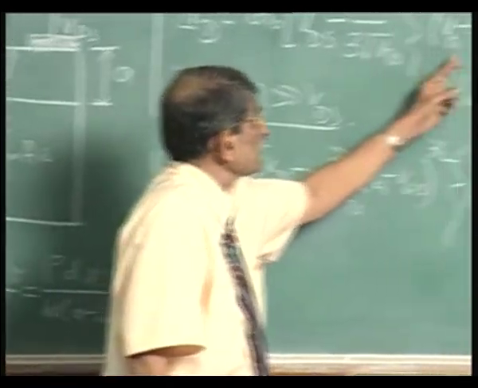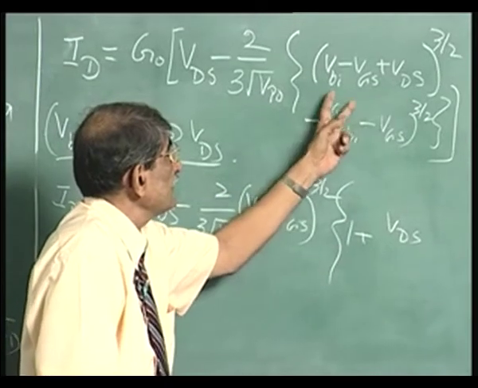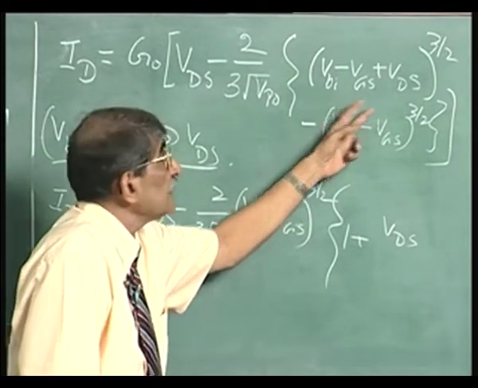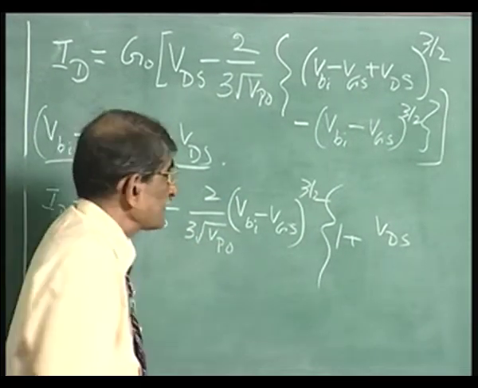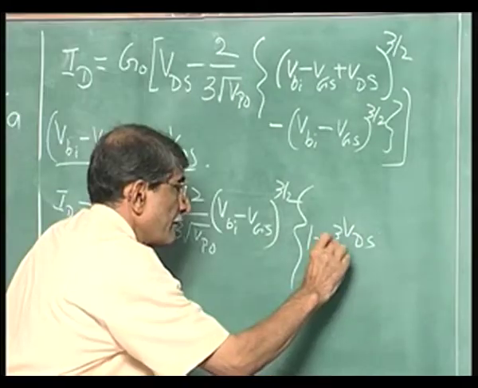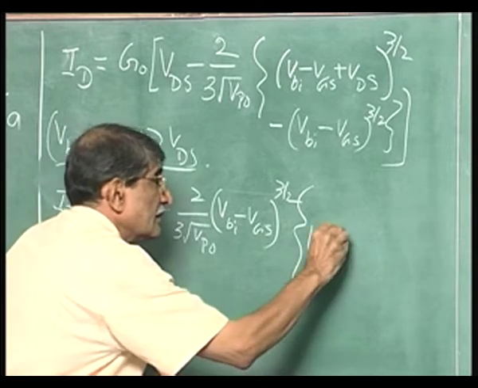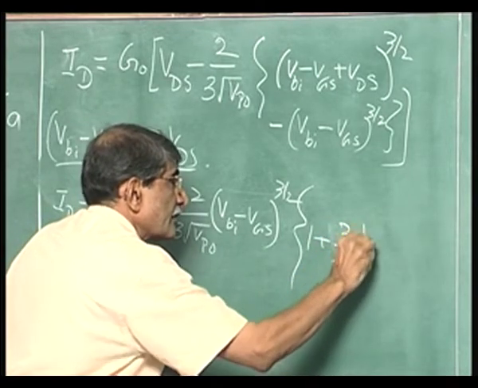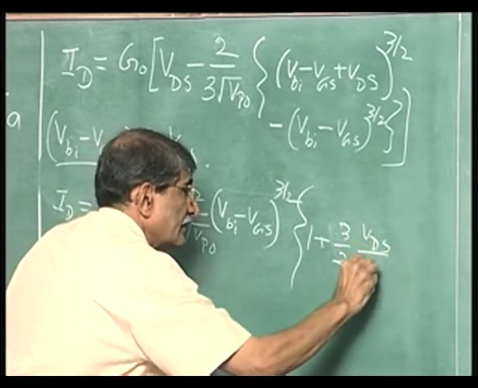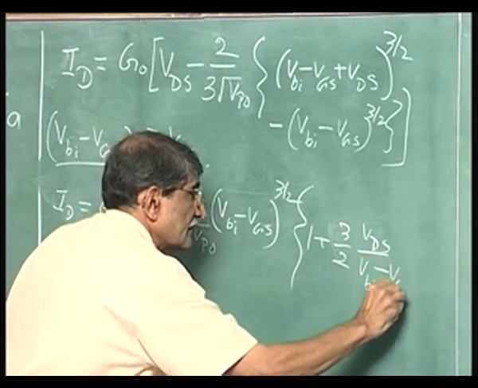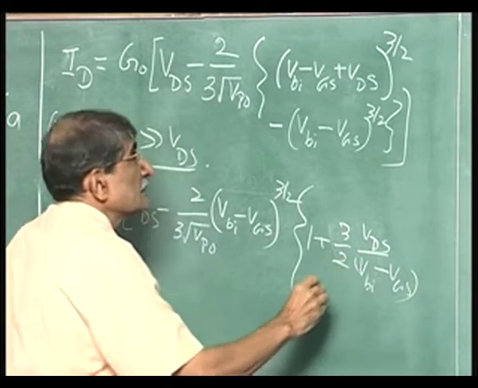So, that is 1 plus V d s by V b i minus V g s to the power 3 by 2, which I write as 1 plus 3 by 2 V d s divided by V b i minus V g s. Correct?